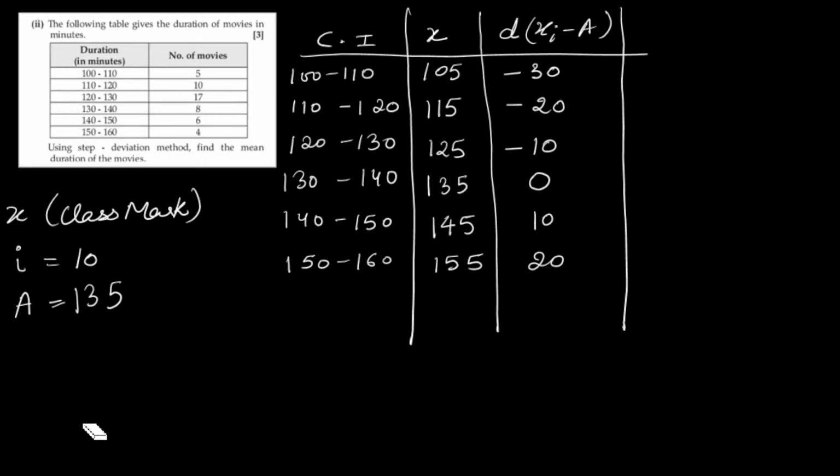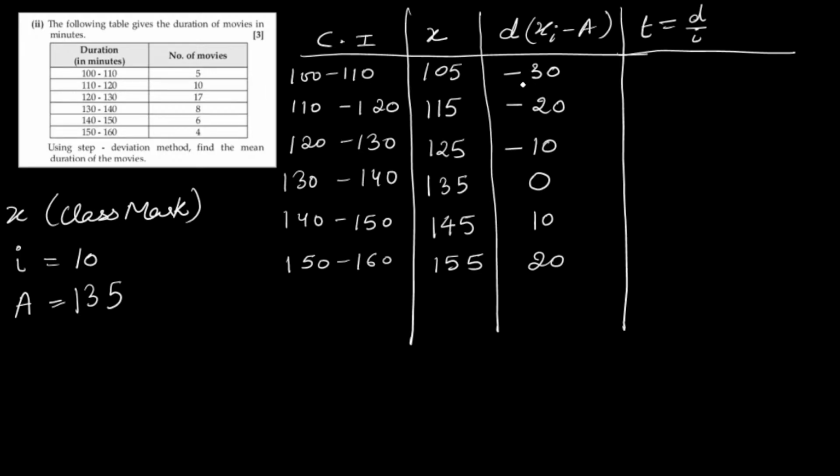Now for the step deviation method we have to find t. How to find t? It is the deviation divided by the class size. The class size here is 10.